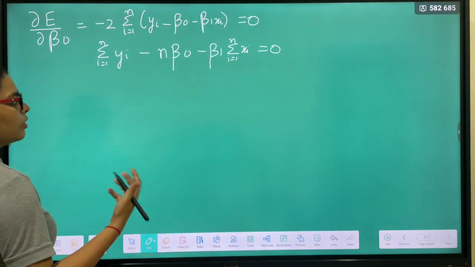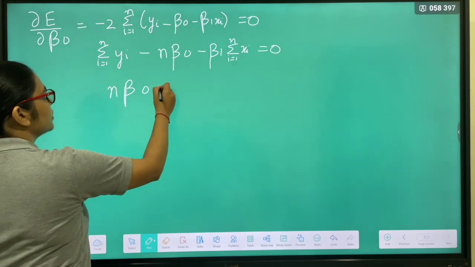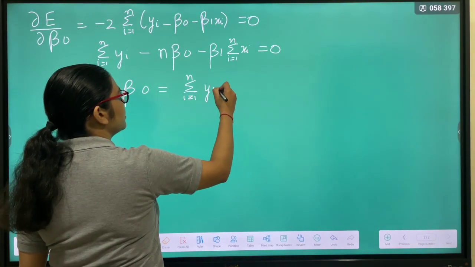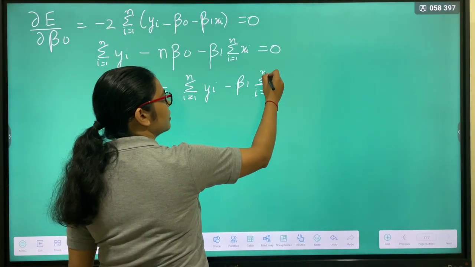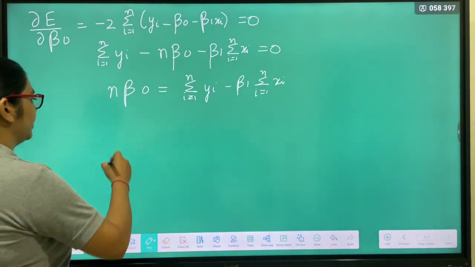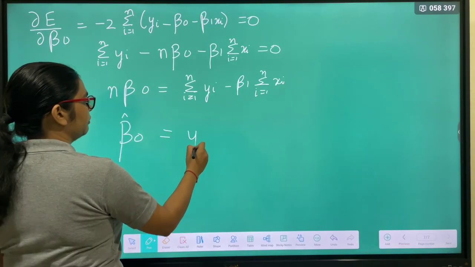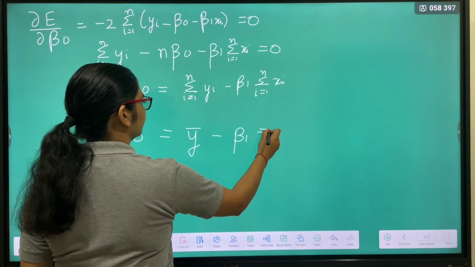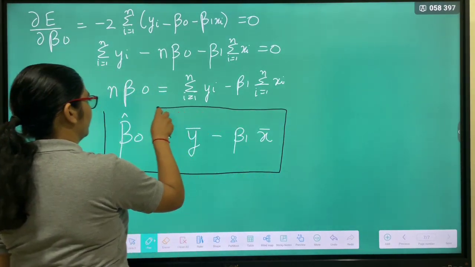Taking beta naught on one side and the rest of the terms on the other side, n beta naught equals summation yi minus beta 1 summation xi. Now dividing the whole equation by n, we will get beta naught cap as y bar minus beta 1 x bar. This is our OLSE of beta naught.